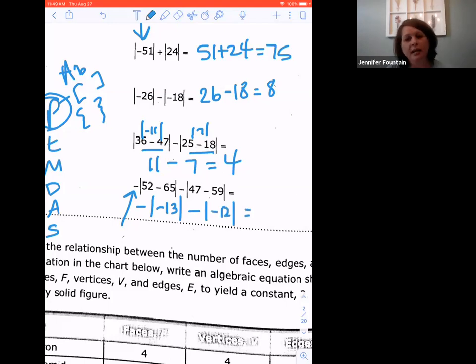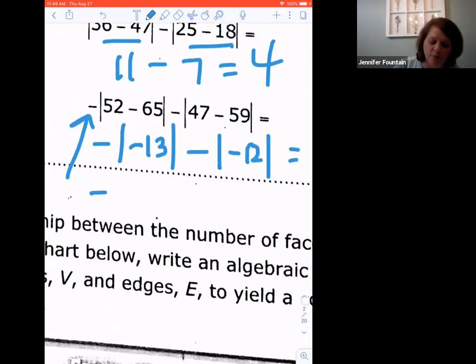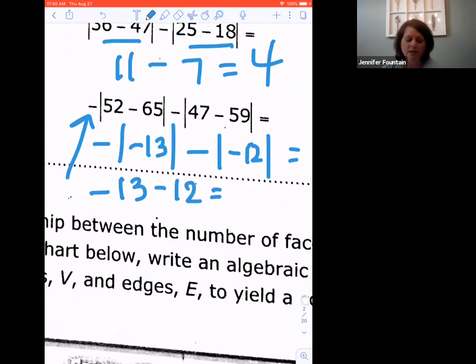I've got a whole bunch of negatives in here that I want to clear up. I still keep my negative on the outside, but the absolute value of negative 13 is 13. Minus the absolute value of negative 12 is 12. On this one, I know that if I have negative 13 and I take away 12, I'm going to end up with a bigger negative, and 13 and 12 is 25.